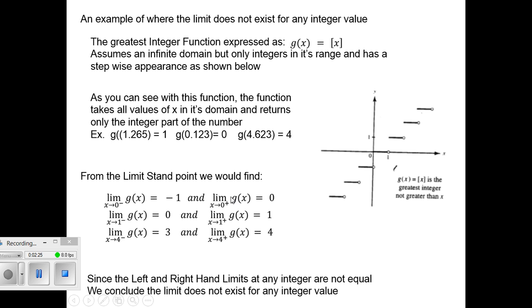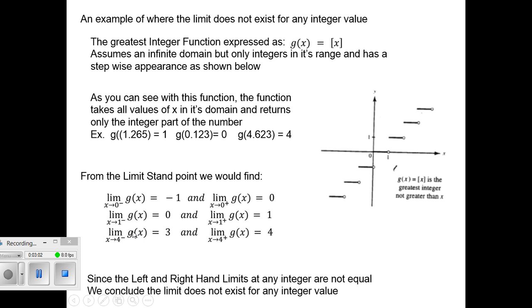When we look at that, we're riding along right here, and we're coming at a value of -1. But if we're evaluating coming from the right side of 0, you can see we're approaching the value of 0. Since we're not approaching the same value from the left as from the right, we conclude the limit does not exist at x equals 0.